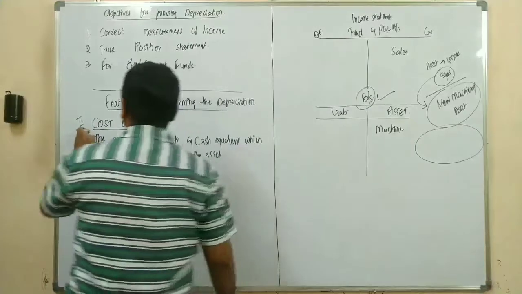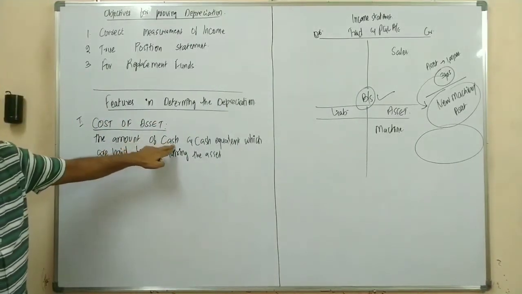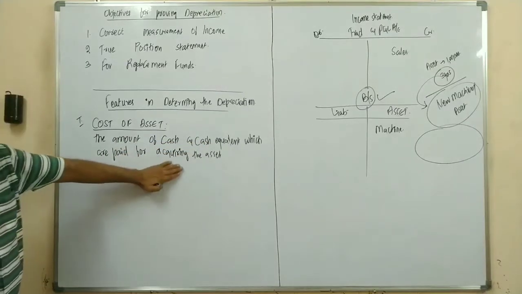Sir, what is the meaning of cost of the asset? What is the meaning of cost, sir? Cost is nothing but the amount of cash or cash equivalents which are paid for acquiring the asset.